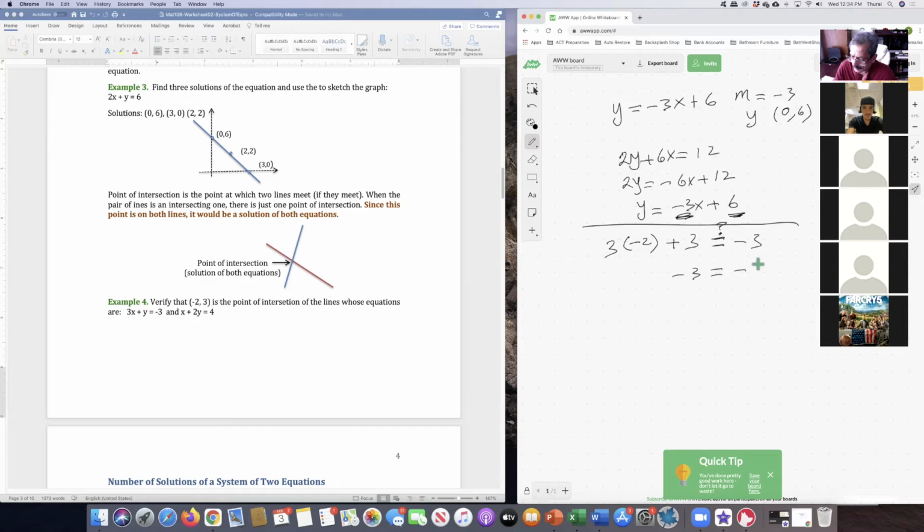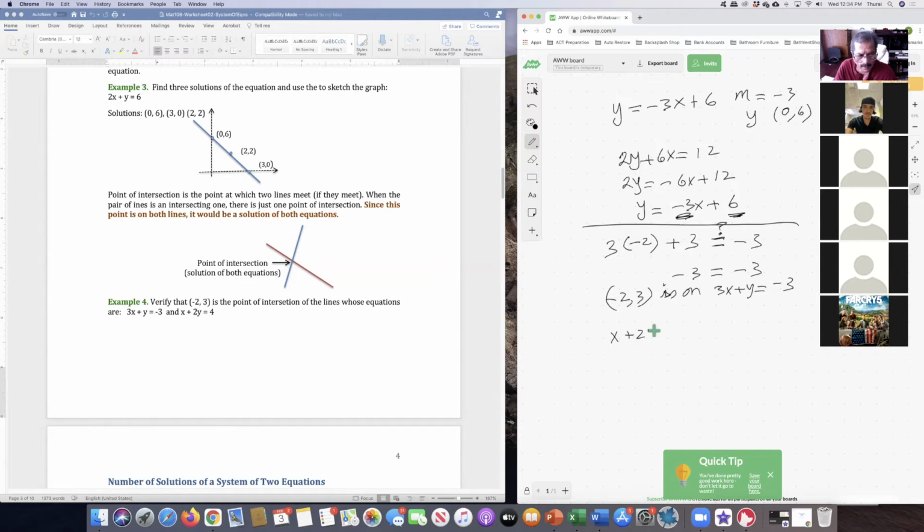So it is equal to the right side. Therefore, we can conclude that (-2, 3) is on the graph of 3x + y = -3.